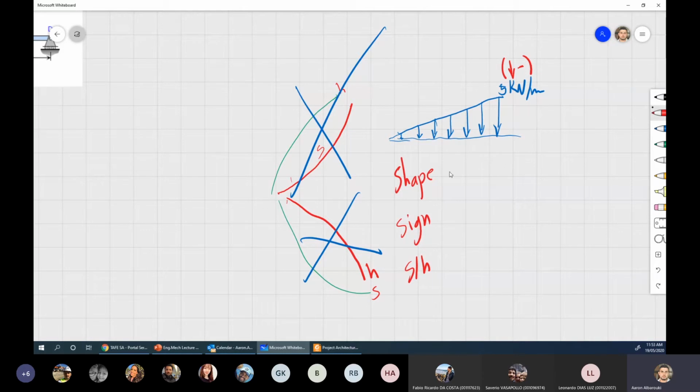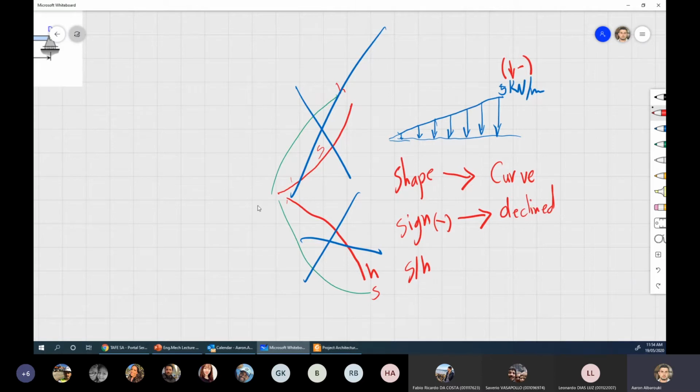We agreed that will produce a curve. So shape, that will make a curve. Okay. Now the sign, is this positive or negative? We said it's negative. That will produce a declined shape, curve. So we've got curve, declined.